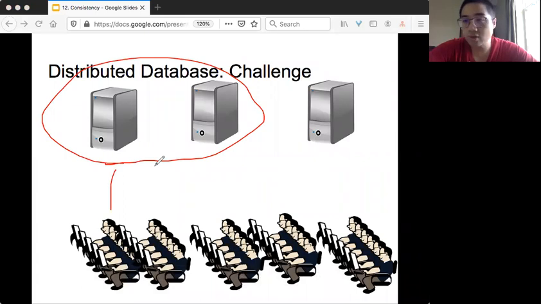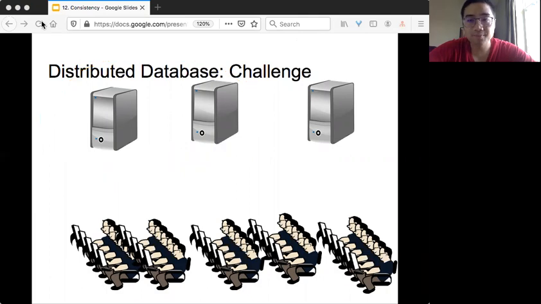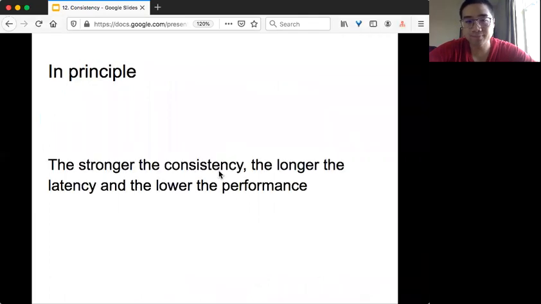Whenever you need to contact more servers and wait for more acknowledgements or replies, it gets slower. That's why the stronger the consistency, the slower the performance.